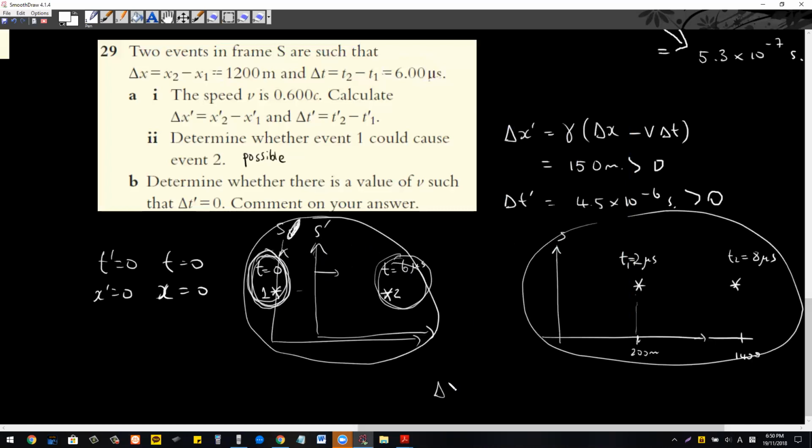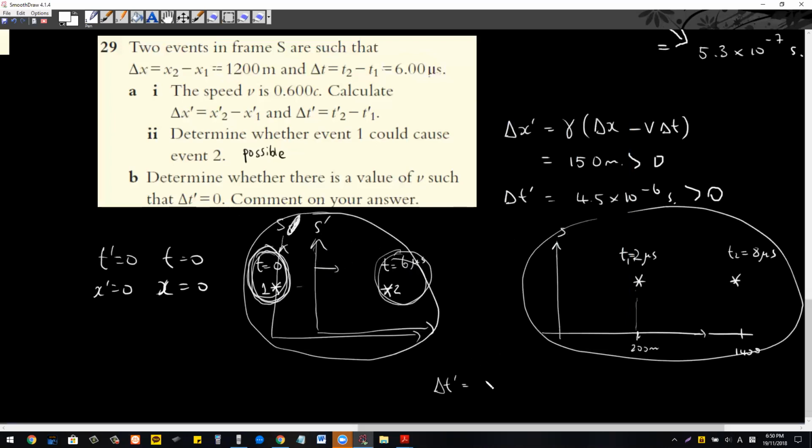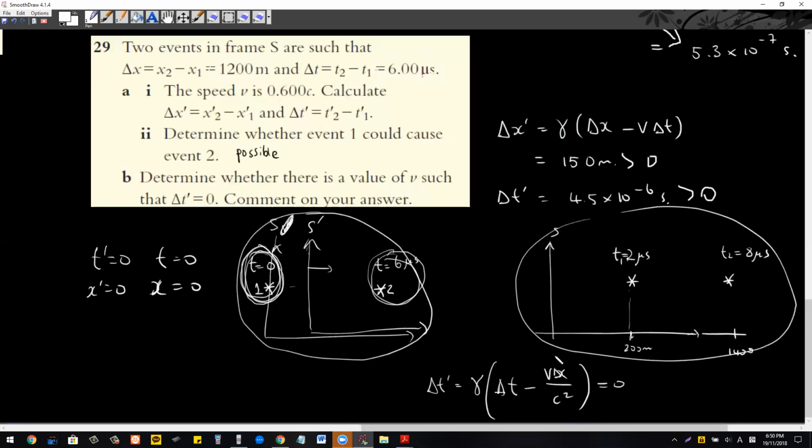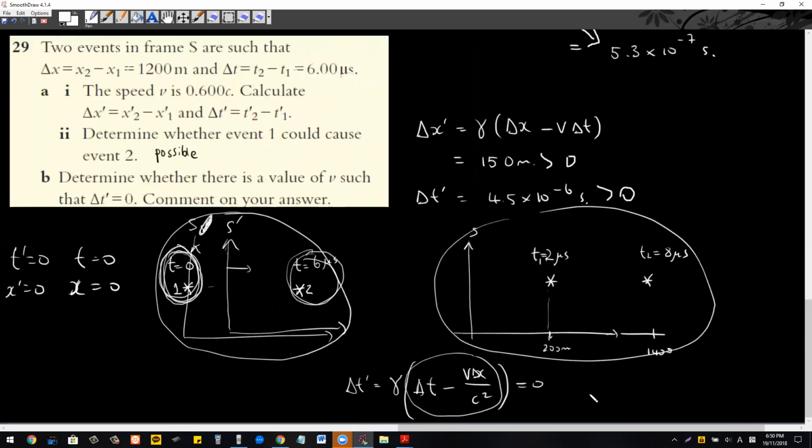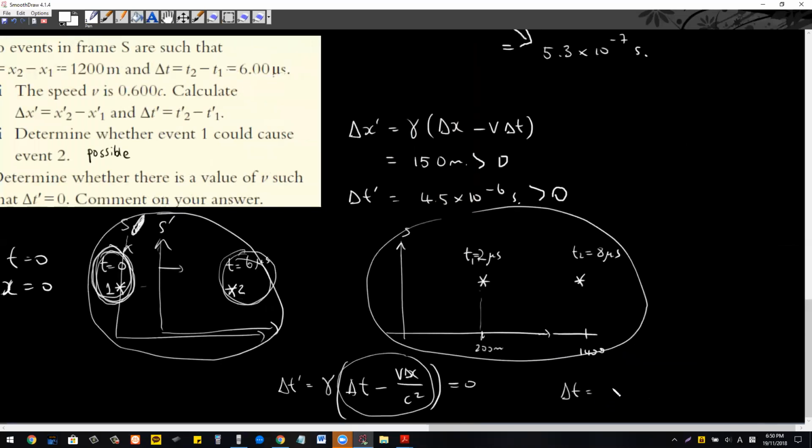Delta t dash is equal to, according to the equation above, gamma times delta t minus V delta x over c squared. So in order for this to be 0, the inside bit has to be 0 as well. So delta t must equal V delta x over c squared.